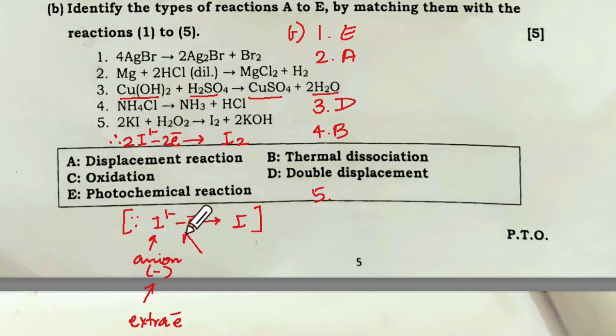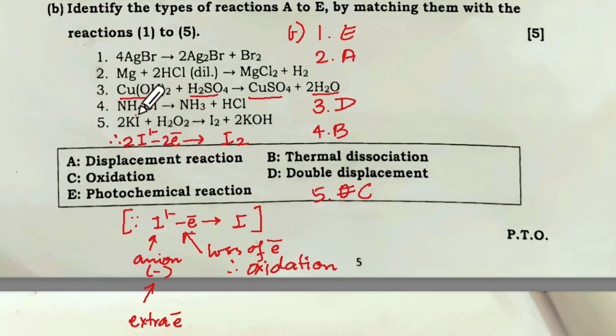So right over here, loss of electron, therefore oxidation. Did you understand how beautiful chemistry is? That is why this is oxidation. Oxidation is C.